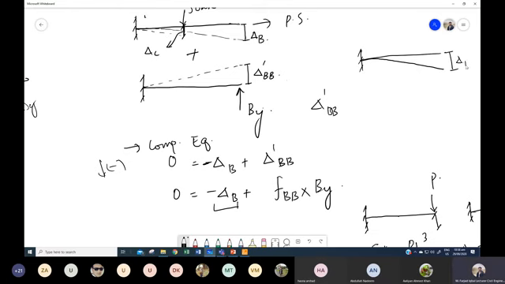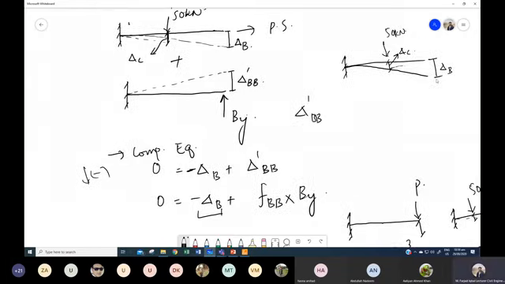This is delta B. This is the load of 50 kilonewton. This is delta C. And if I plot a tangent, it's half of delta B. Where is the tangent?